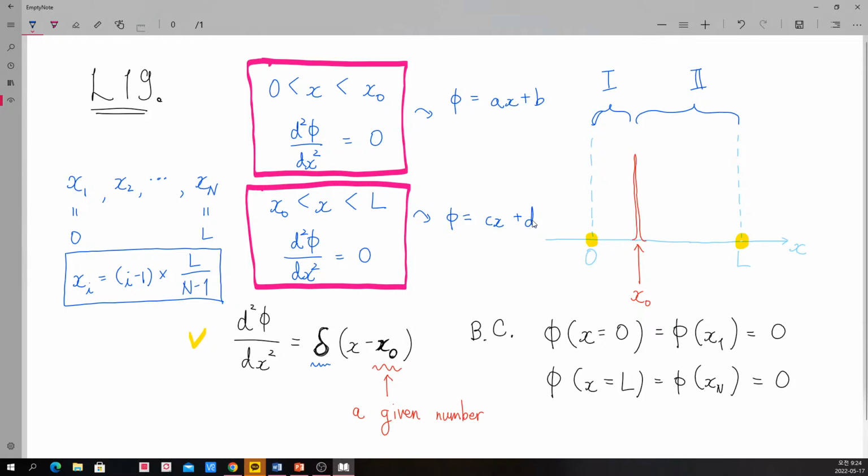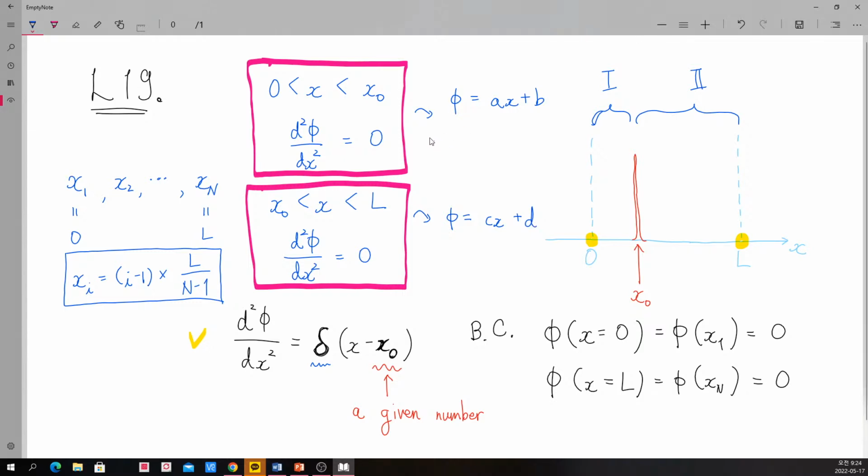And you know that it should be a continuous function. So we have to have continuity at x equal to x naught.